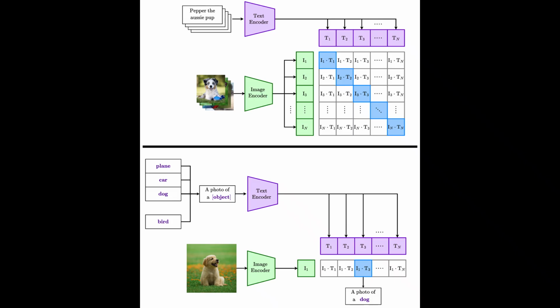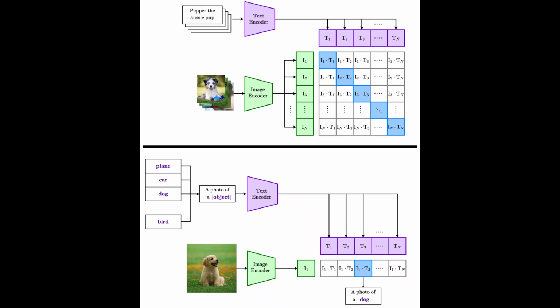But what do we do when it comes to testing or evaluating this? It is simple. Suppose you want to classify an image. In general, classification models are very simple, but here we give the image encoder the image, and then we give the text encoder a text like "a photo of" followed by a blank space.